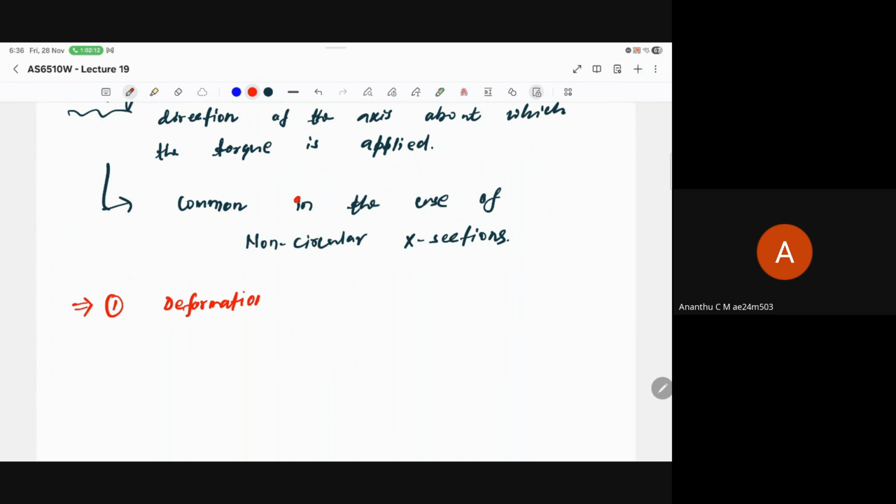Deformation. So you apply torque, and then you take a point, and for that particular point you study the deformation. So deformation of cross section due to torsion.